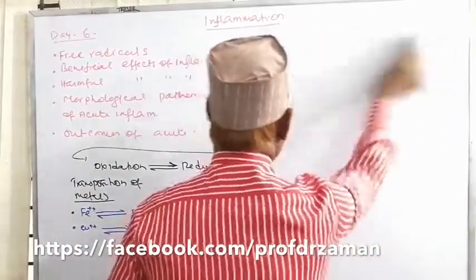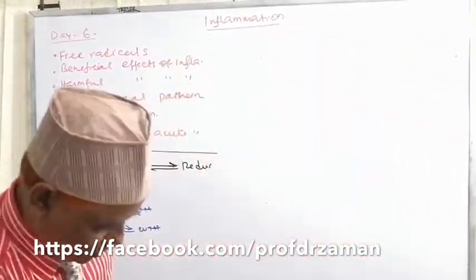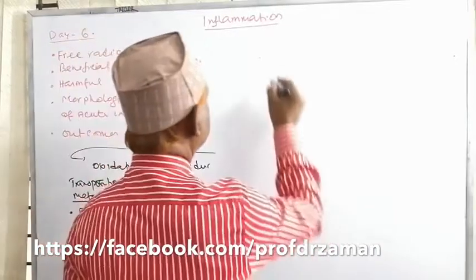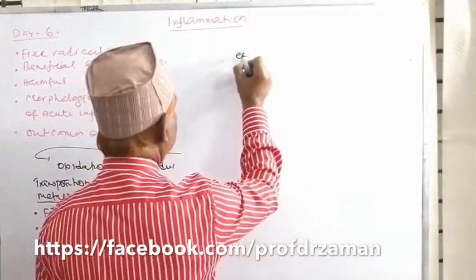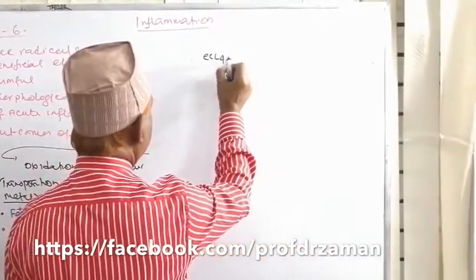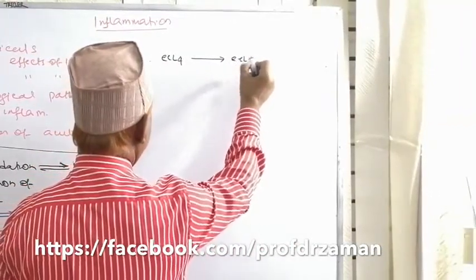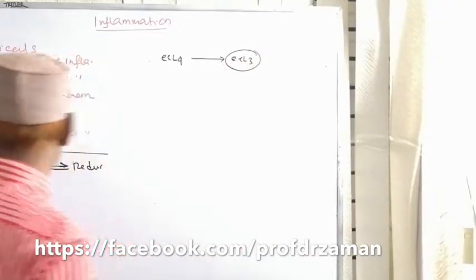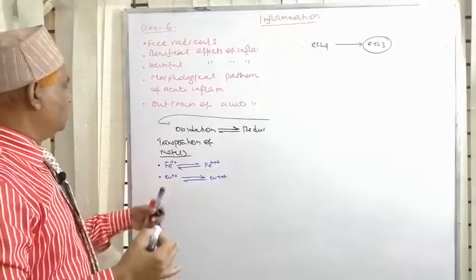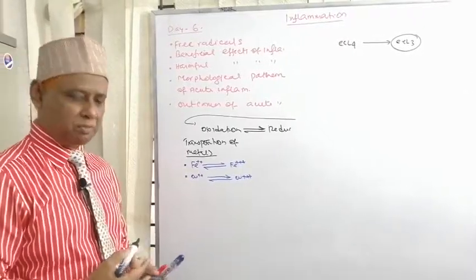Now come to drug metabolism. Carbon tetrachloride may produce carbon trichloride, and this is a free radical. So these are the ways of formation of free radicals in our body.